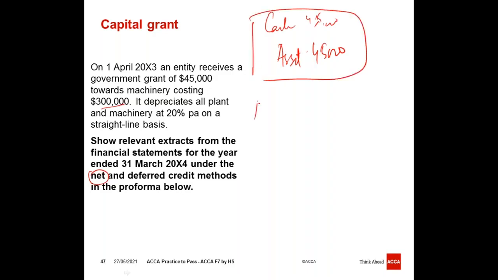So the asset now has a value of 2,55,000, for which we will charge a depreciation of 20%. So 255 into 20% will be 51,000.